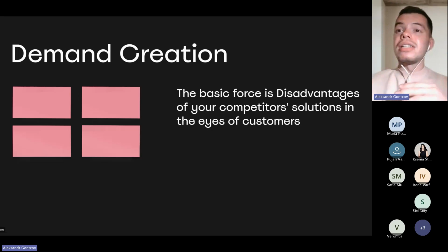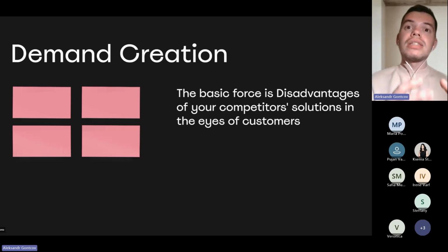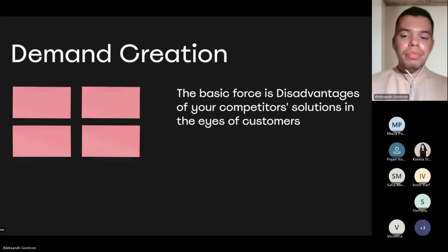So in their eyes, it's actually not a problem or a disadvantage. The disadvantage is when your video call solution takes a lot of computer memory, so your computer starts working so slowly you cannot finish any task. In this case, this is the eyes of the customer.